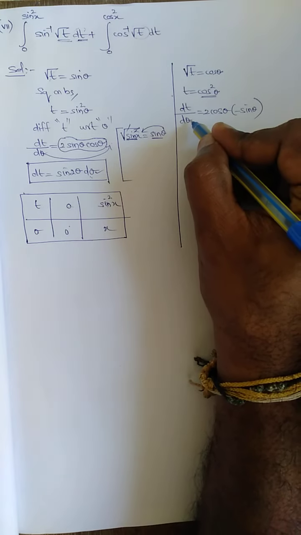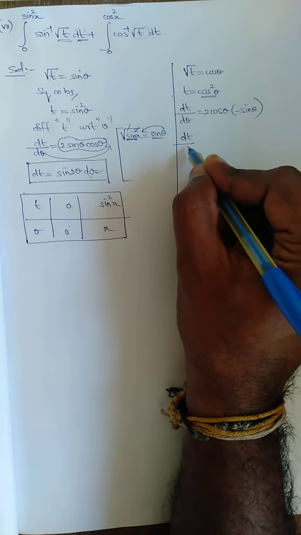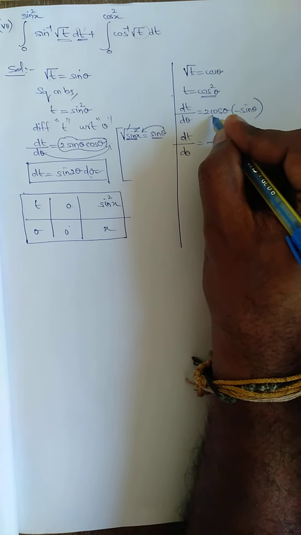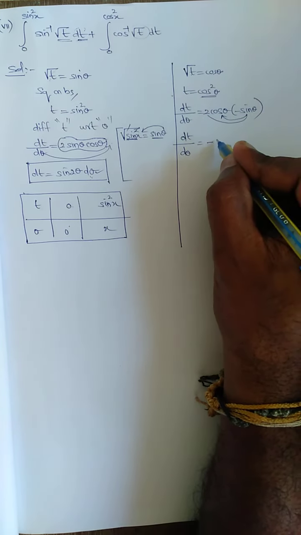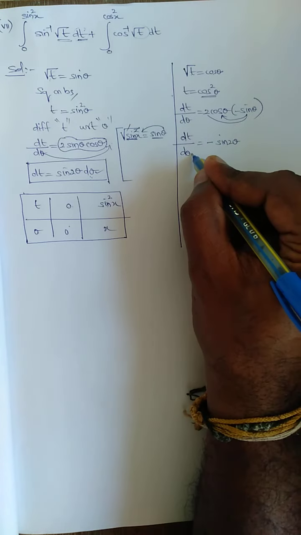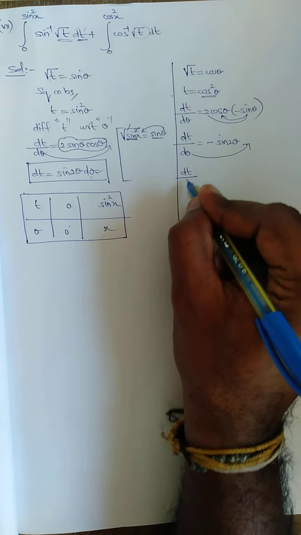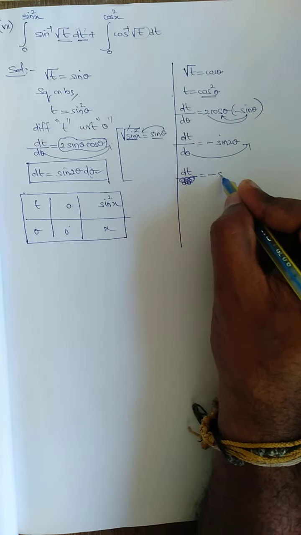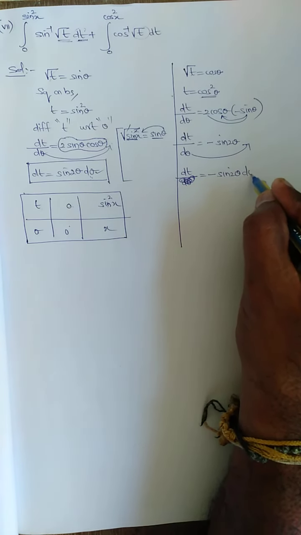After differentiating, dt by d theta becomes minus 2 sin theta cos theta, which is minus sin 2 theta. This d theta moves here, so dt is equal to minus sin 2 theta d theta.